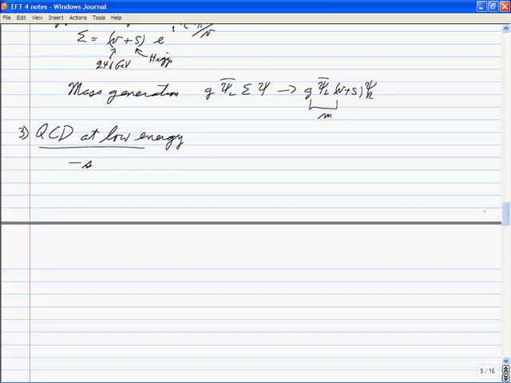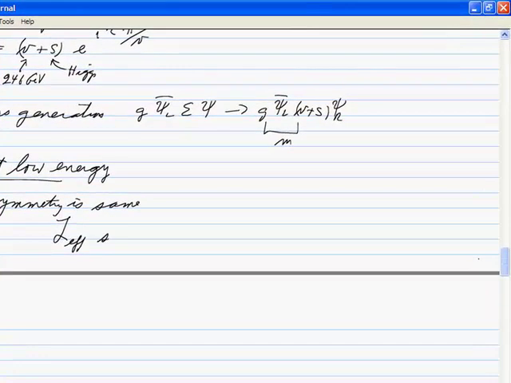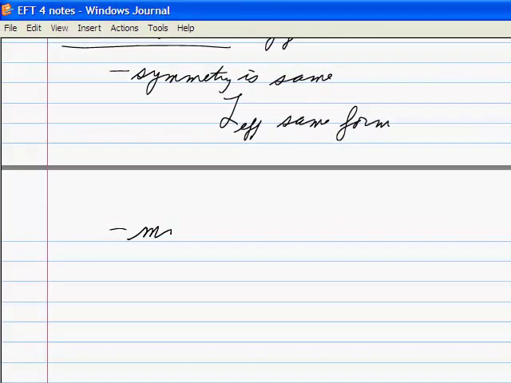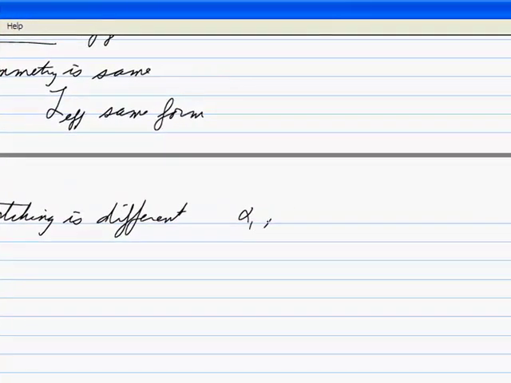So the symmetry is the same. So L effective has the same form. We'll come back. I'm going to do some more of this when we do QCD. But the key feature here is the matching is different. So the alpha 1 and alpha 2 are different.